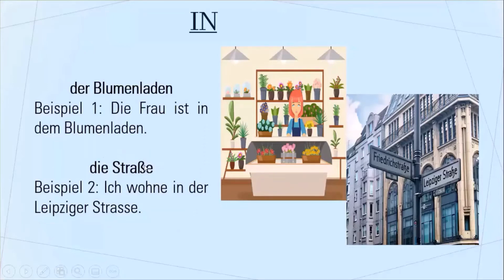Otherwise, in the dative case, in the second example, in can be used also in the sense when you want to say that I live in a specific street. Ich wohne in der Leipziger Straße.